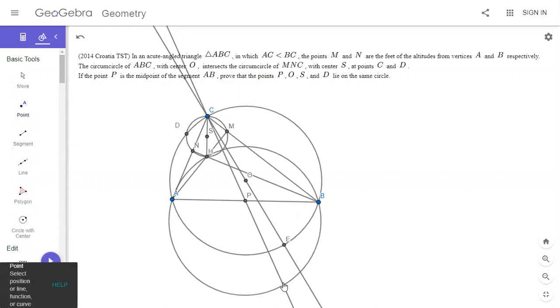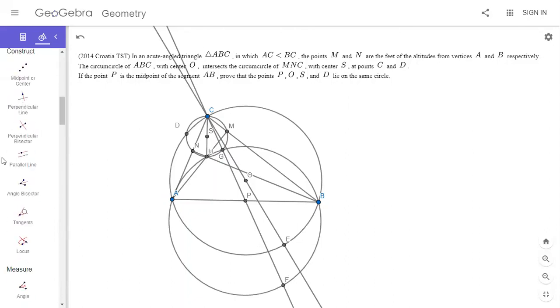So P goes to F. I don't see right away where D would go to. So H, E, and F. Yeah, maybe it's not that great of an idea.